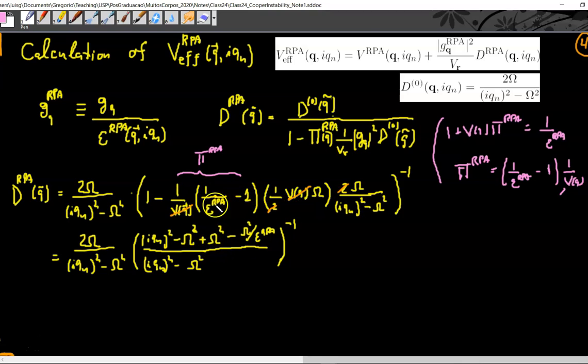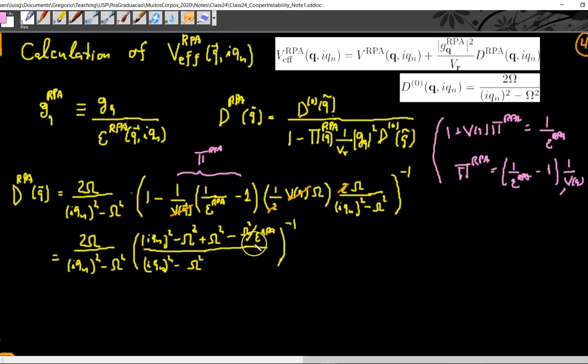And then all this has this 1 here. So I'm going to write this one as 1 over iQn squared minus omega squared, over iQn squared minus omega squared, common denominator. Then I have iQn squared minus big omega squared. There's a plus omega squared coming here, which will cancel, and there's this minus omega squared divided by epsilon RPA, everything to the power minus 1, right?